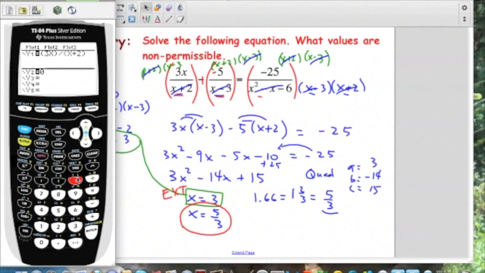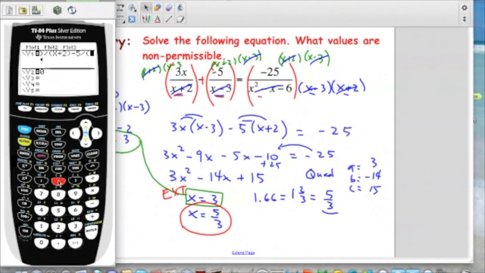All right, and then we have subtract 5. Again, I don't have to put a bracket around 5 because it's just a number all by itself. Divides by bracket x, take away 3. And then we move the negative 25 over, it becomes positive 25.